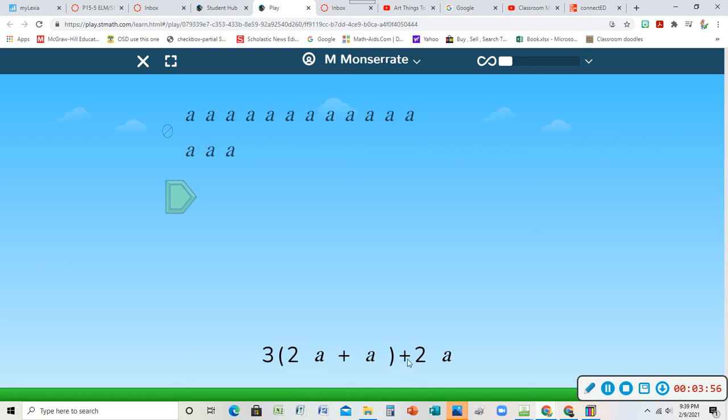So I don't want to add, I'm going to multiply first, right? I do what's in parentheses first. So that's why I add first here. I do my 2A plus my 1A because it's in parentheses. Remember, parentheses first. So I do 2A plus 1A is 3A, and then I multiply my 3A times 3, which would be 9A, plus 2 more.